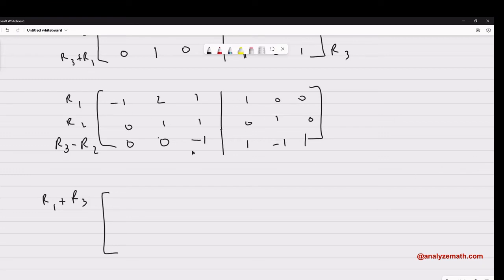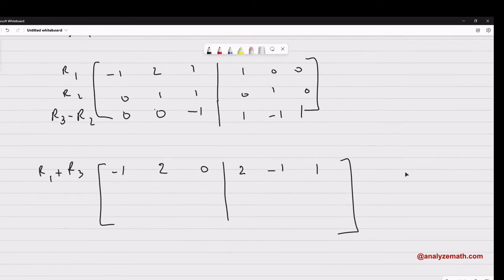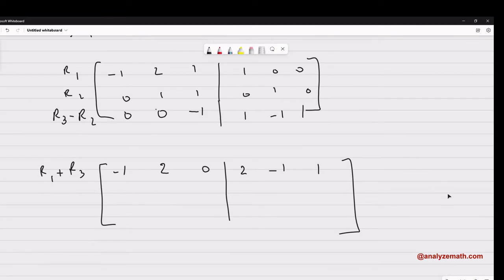So we add the first row with the last row, and we have -1, 2, 0, the vertical bar, and then 2, 0 plus -1, and 0 plus 1.